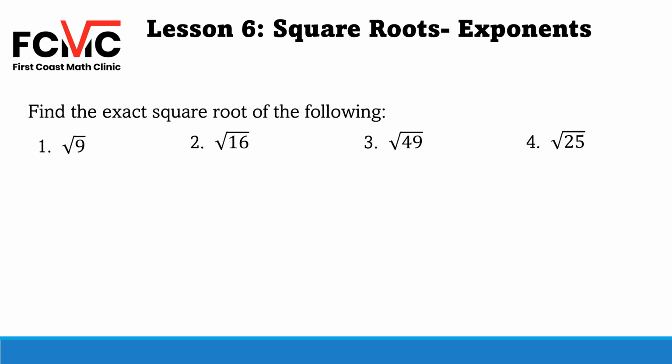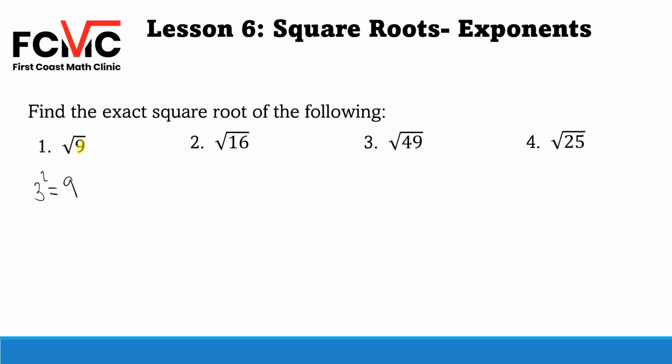For number 1, we've got the square root of 9. So our radicand here is 9. We're basically saying, what number times itself is 9? From our perfect square table on the previous slide, we know that if I took 3 and squared it, we got 9.